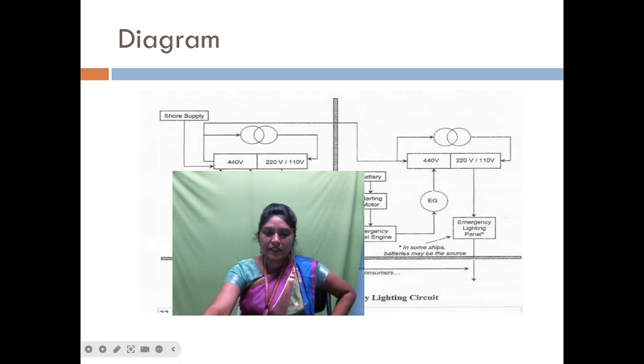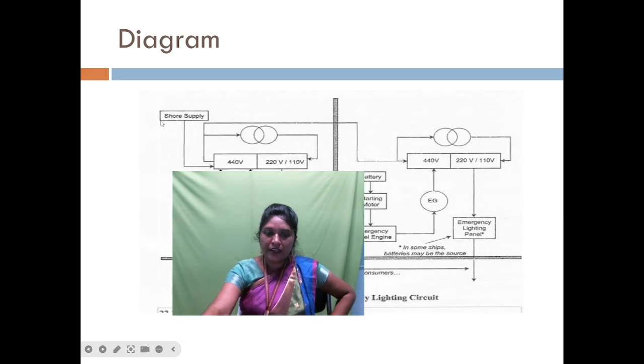Here this is run by the main generator, and here it is run by the emergency generator. When there is a main failure, there should be immediate startup of the emergency generator within 45 seconds. So this is connected to two sources, one associated with the main generator and another with the emergency generator.